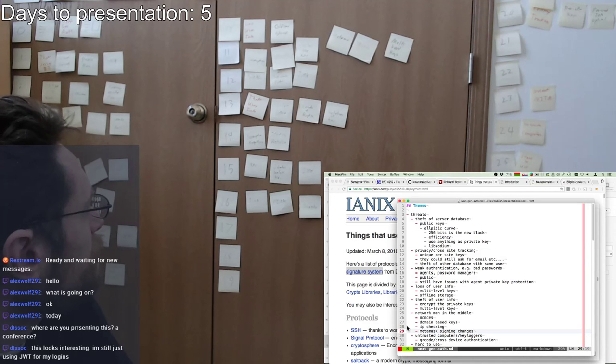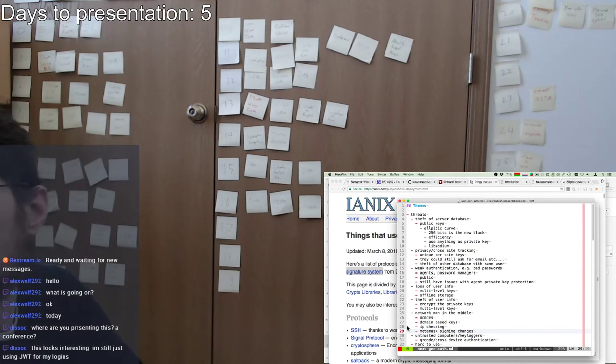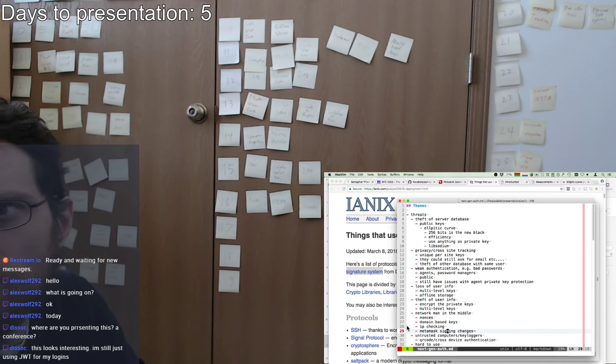It's the per-site keys that protect lookalike sites from getting a signature from the user that is of any use at the first site. And that's sort of a man-in-the-middle attack if they're trying to gather your information and use it. So we'll have to see how much time we have for. I might also develop some of it as bonus content if there are questions or if time allows.